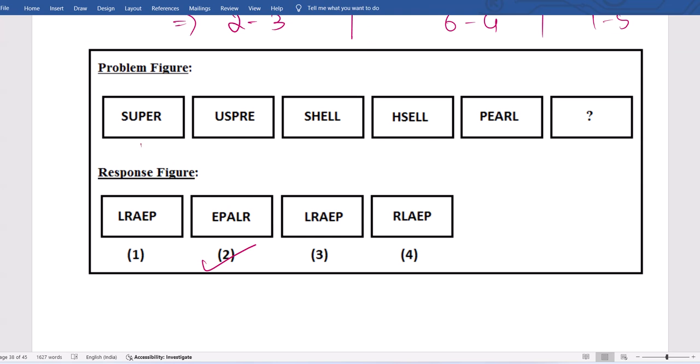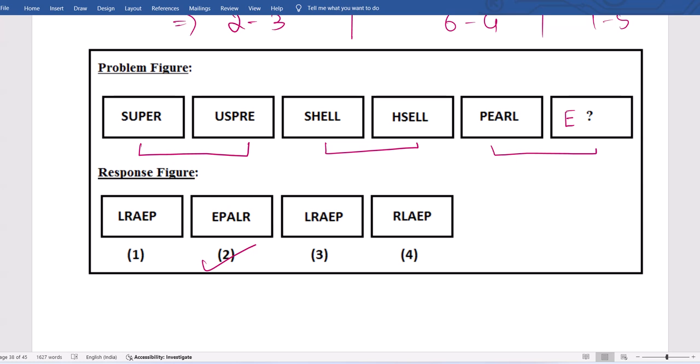First pair, if you observe, the second letter is kept as the first letter. Here also the second letter is kept as first. Here also. But what about the remaining here? PER, PRE, their ELL. Now the middle one is fixed, and the last two should be swapped.